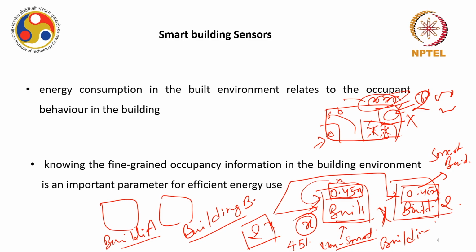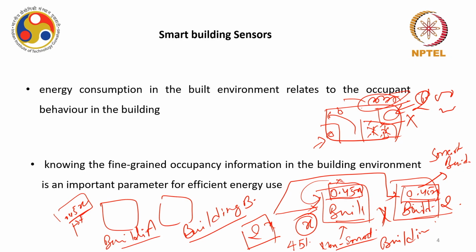And the energy consumption in the building environment relates to the occupant behavior in the building. So there can be other examples, like, out of this 0.45x of energy being supplied to building 2, how is this energy distributed?